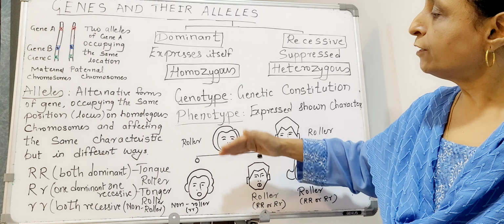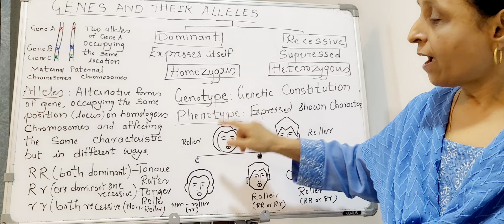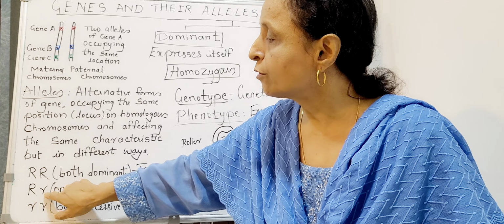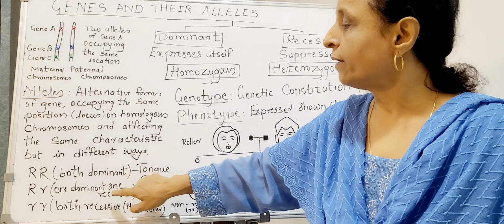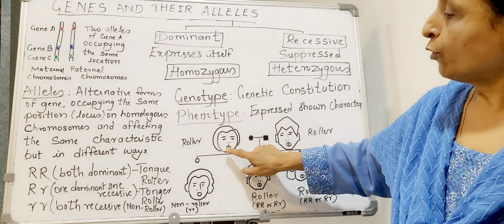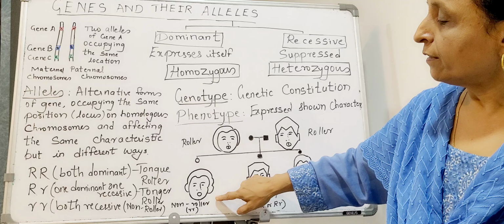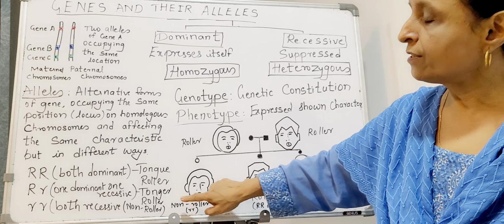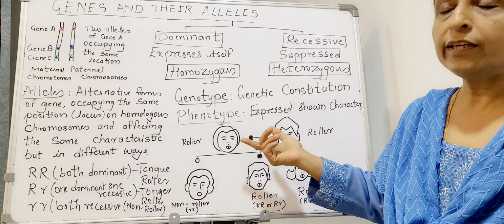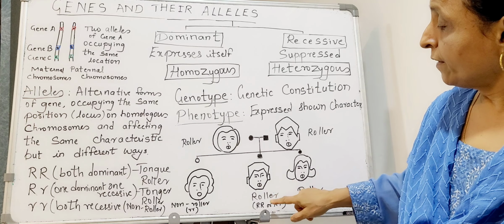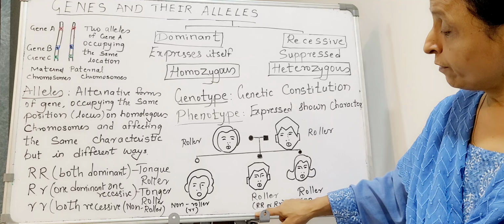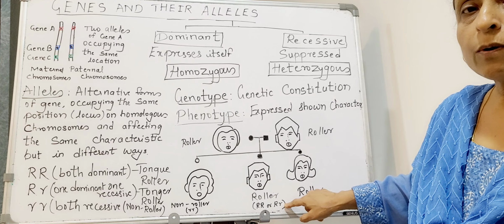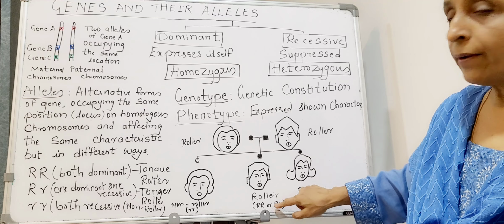That means the rollers have two types, big R and small r: one dominant and one recessive. The probability is that this child got recessive genes and therefore cannot roll the tongue. They have received either RR from both or one R and small r from the parents.